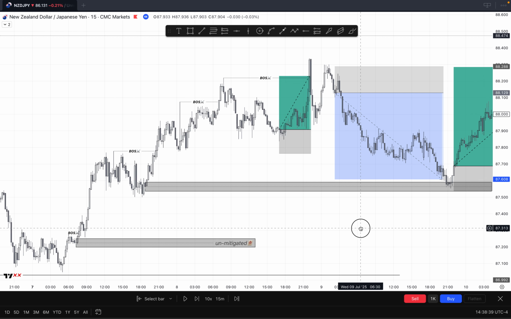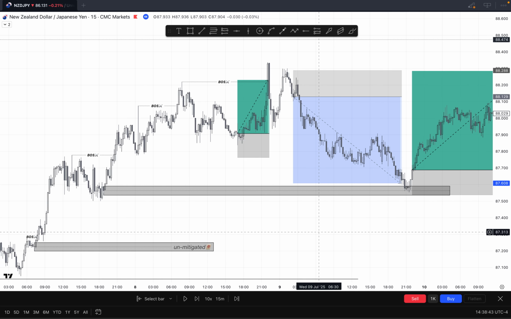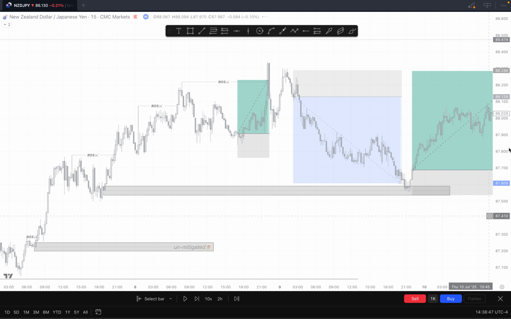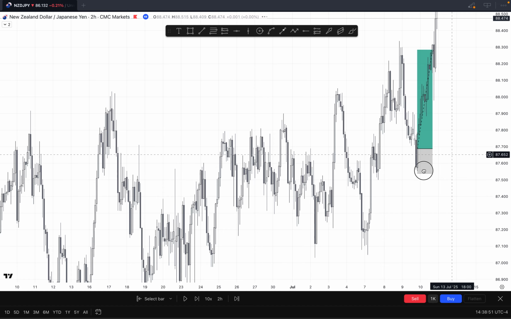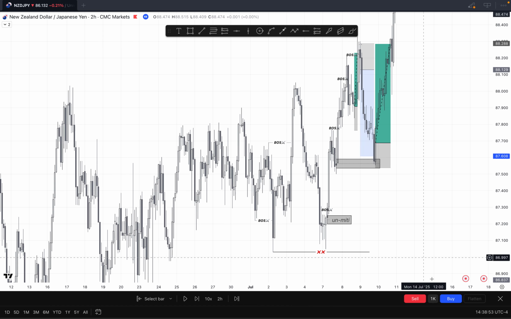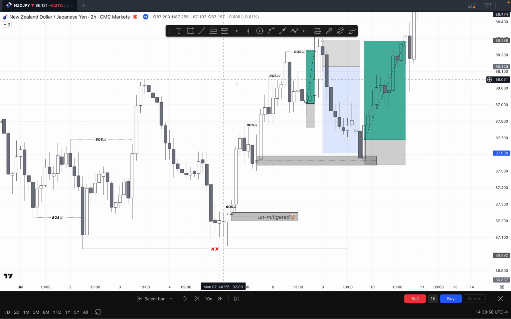All right. So let me see how this looks on the 2 hour first of all, because that's my main time frame, or my higher time frame bias. That's what gives me my higher time frame bias. Okay, how does this look on the 2 hour? 2 hour breaker structure, not an order block, based off my criteria.